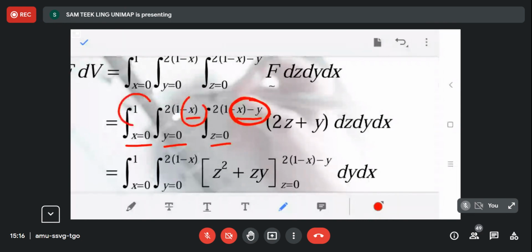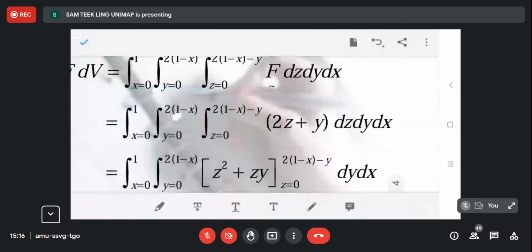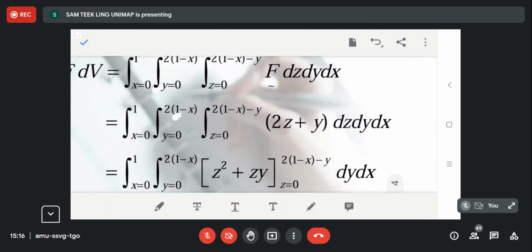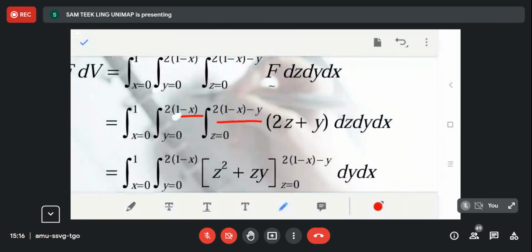Then the last one, we don't have a variable. For this kind of question, please make sure you put it in this way: the first one can have variables, the second one only 1, and the last one cannot. So this is the volume integral. You put inside your limits, then after you got your limits, you start integrating.